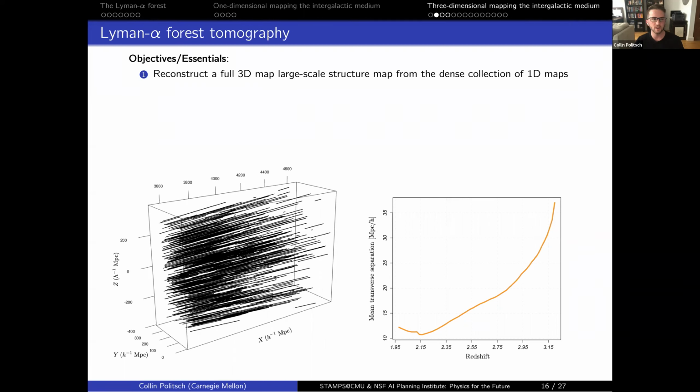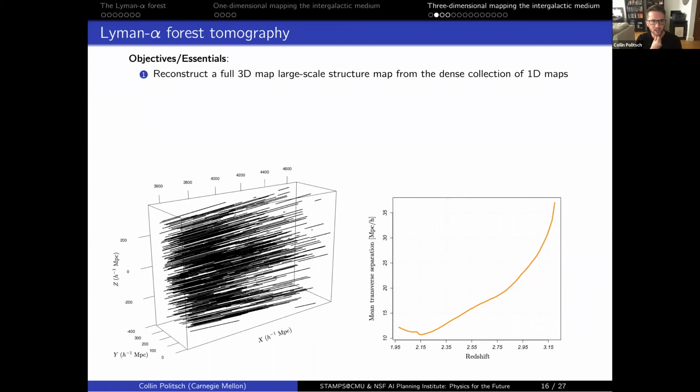I've been working on this for a very long time, so I'm going to state a number of additional objectives, essentials here that we posit should be part of the Lyman alpha forest tomography problem. So we approach this as a non-parametric and data-driven modeling problem. And so in particular, we don't make any probabilistic assumptions on the underlying Lyman alpha flux contrast field.